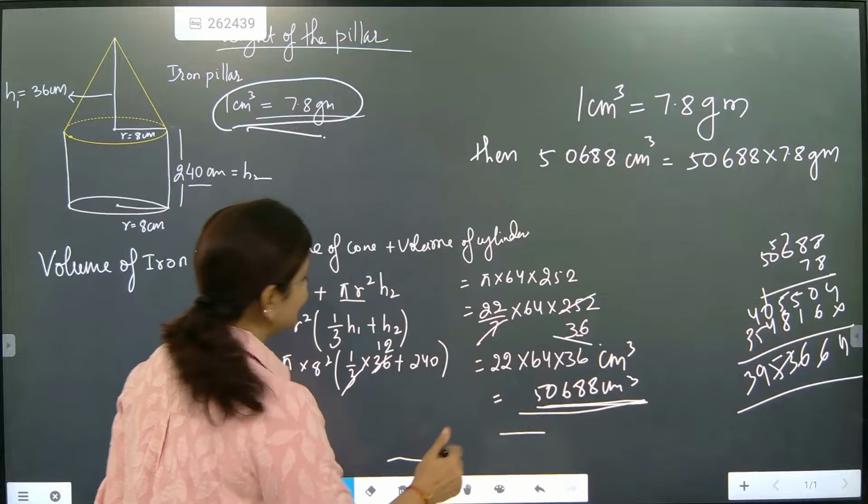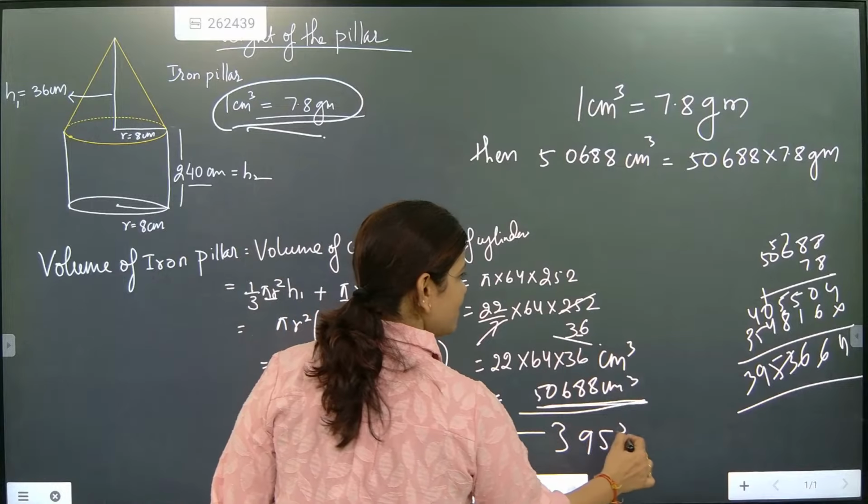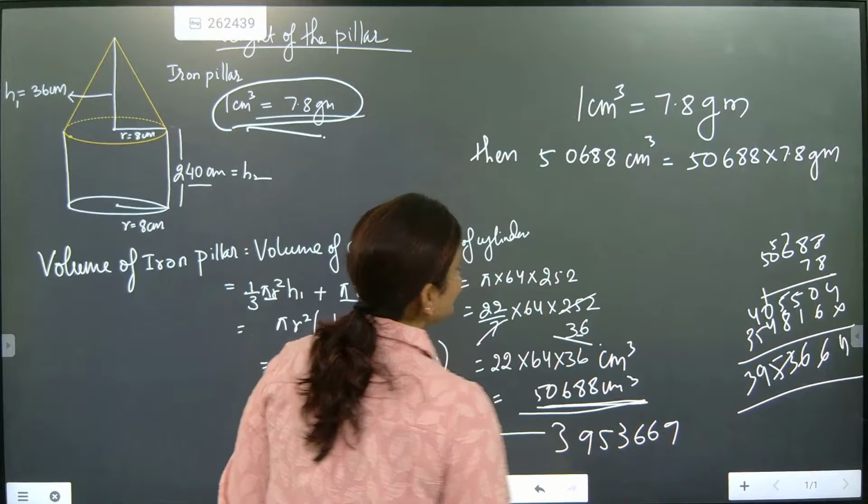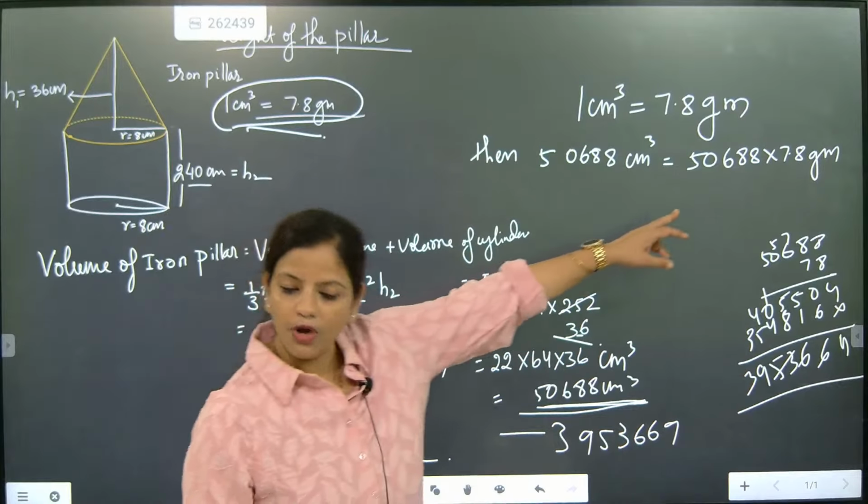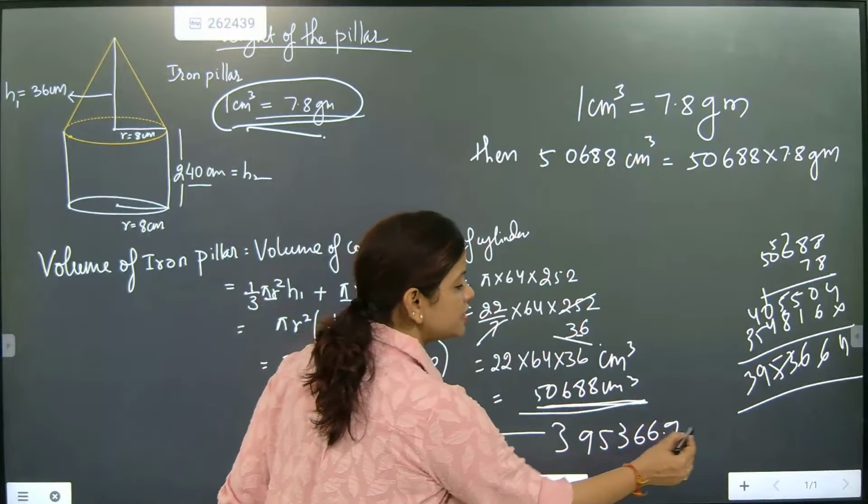That much, and after that 0.8 will be there. So this much gram is coming.